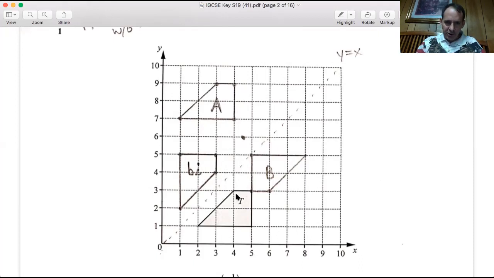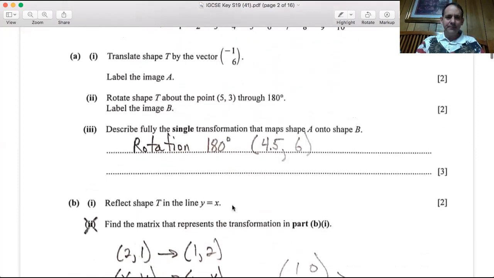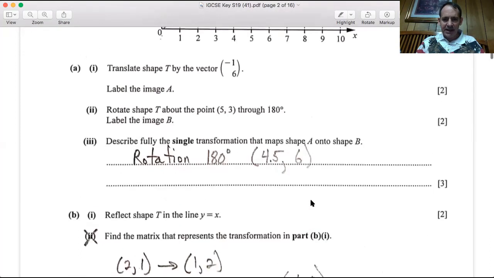So make sure for all your coordinates, you go to the line of symmetry, perpendicular to the line of symmetry. However much space that is, that's how much space you do on the other side of the line before you put your point.